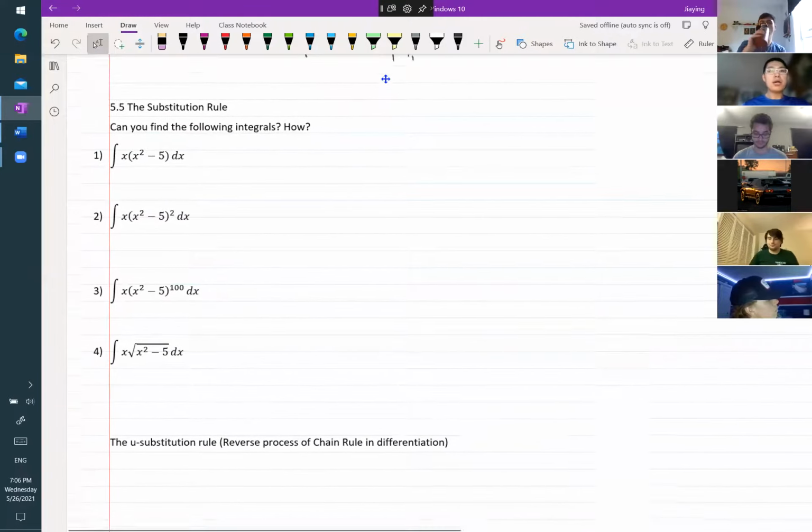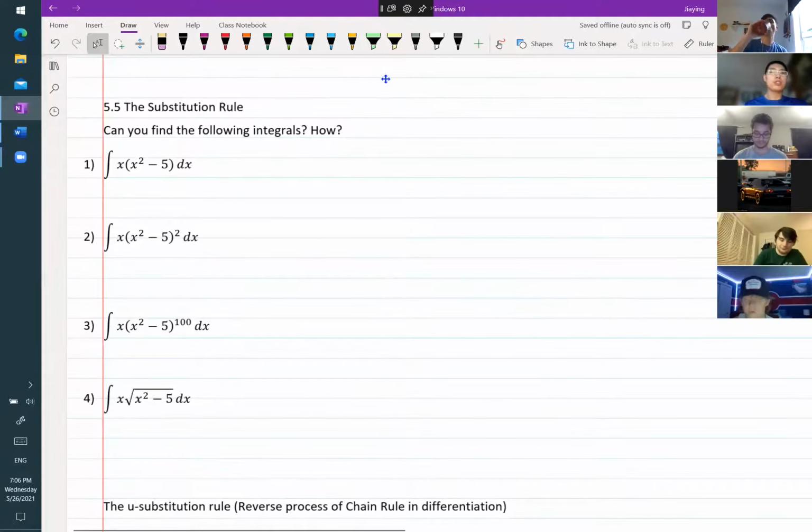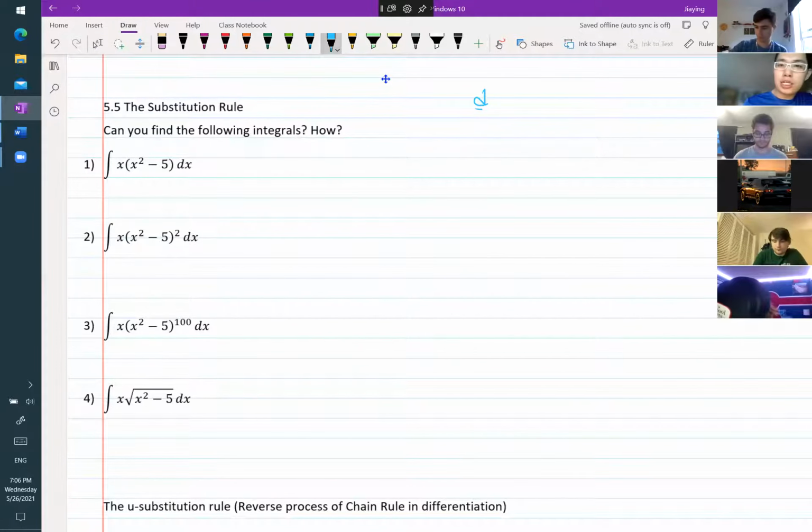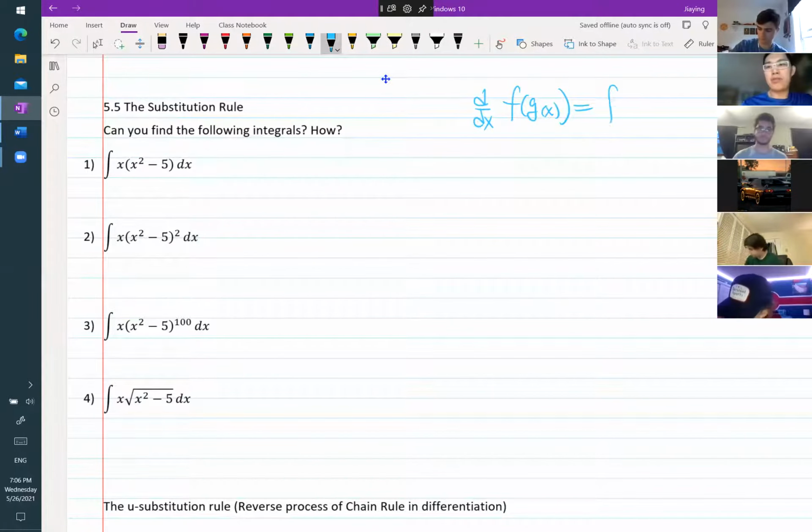All right, so the next part is the substitution rule. If you recall, when we take the derivative, we have a chain rule that we use. So if we take the derivative of f of g of x, we take the derivative of the outer function first, but keep the g there, and then we take the derivative of the inner function.